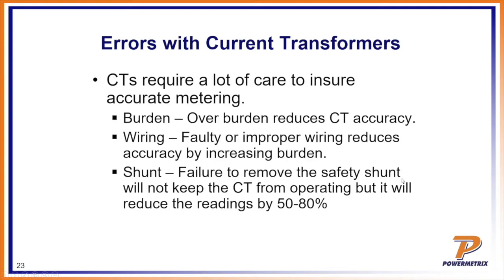And so we'll talk about the problem that burden can have, or resistance, because as you add more resistance to the circuit, you get less secondary current to the meter, which therefore means you're not billing as much as you should. So again, burden can reduce CT accuracy because you're getting less secondary current to the meter. Wiring, for example, if the wire is not torqued down properly, or if there is any kind of corrosion.